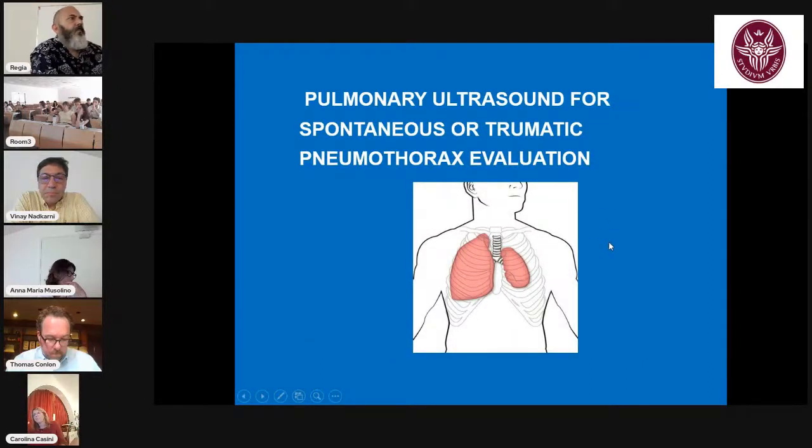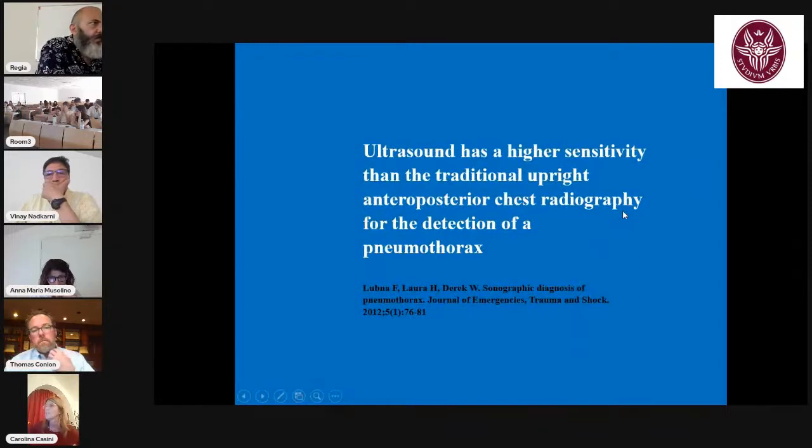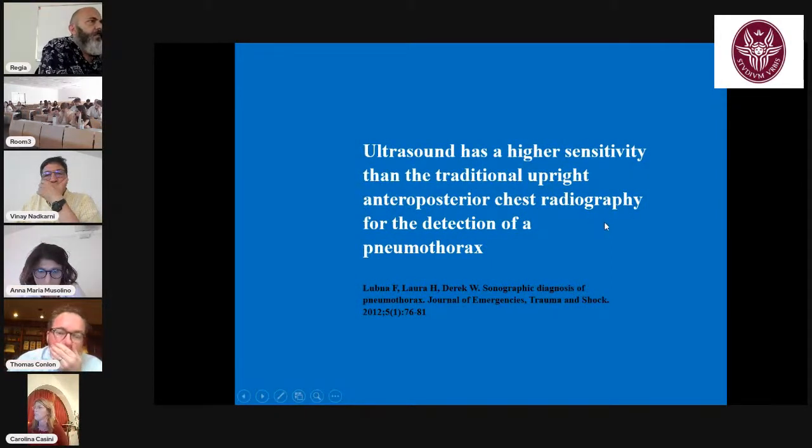Another important application of ultrasound in the emergency room is the evaluation of pneumothorax. And look, ultrasound has a higher sensitivity than traditional upright anterior-posterior chest radiography for detection of a pneumothorax.